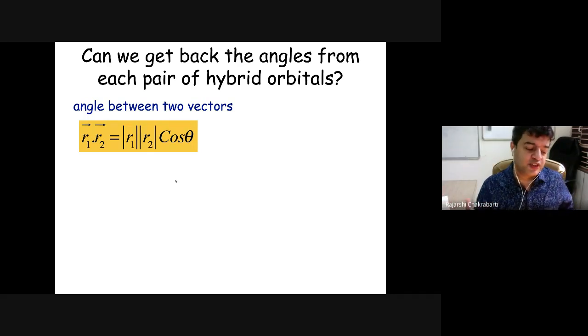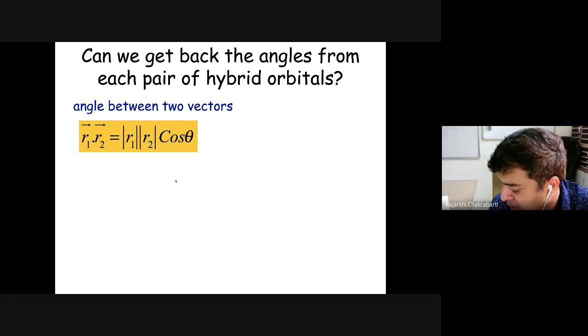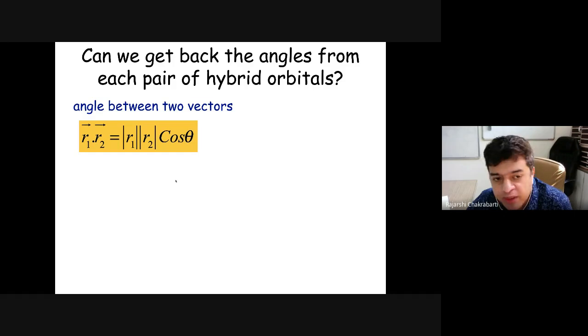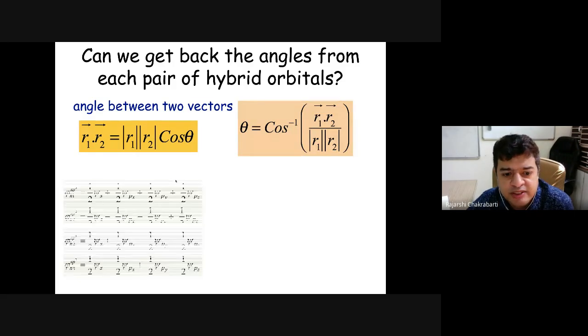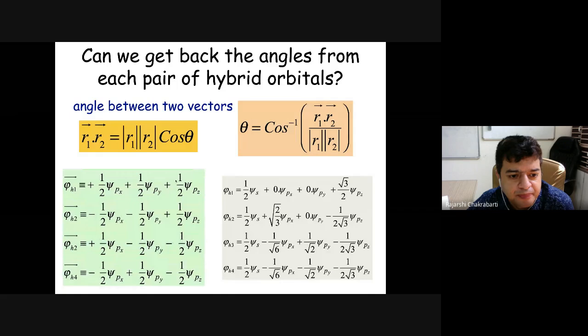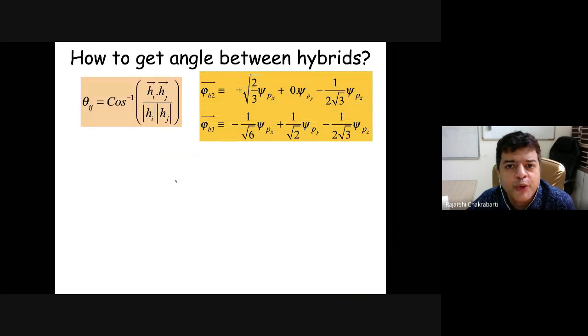So as I was telling you how to calculate the angle between two vectors, and these vectors are like hybrid orbitals. This is the formula. Just skip this and see here how to get the angle between them.